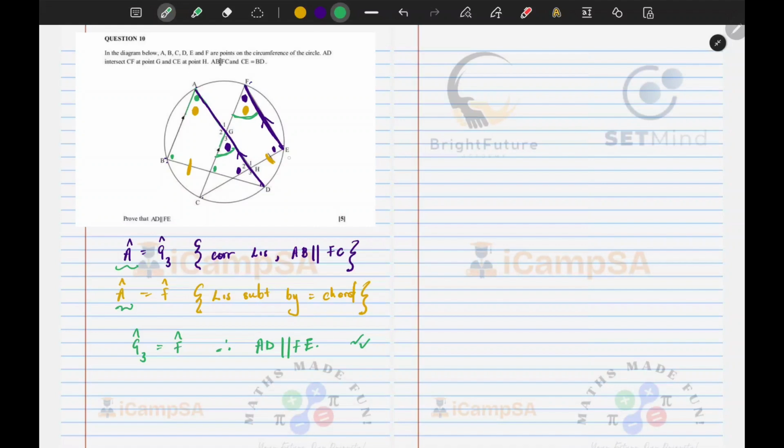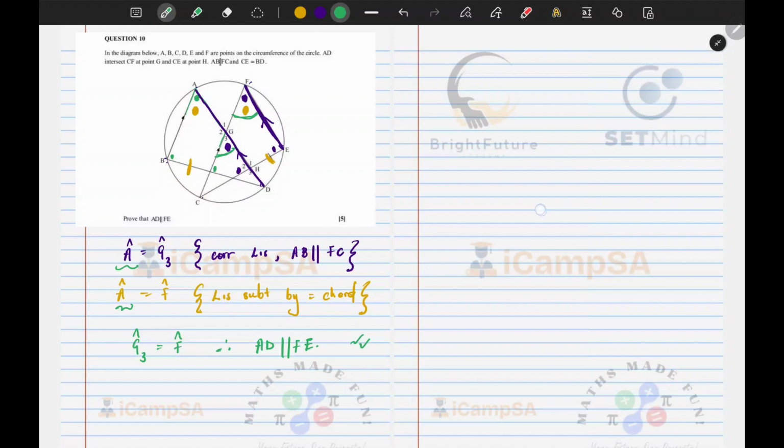Another way of proving this would have been by finding this angle, but that would have been true if we knew that G is the center of the circle, because then it would be 90, and we could prove that this is also 90 because a line from the center bisects the chord.